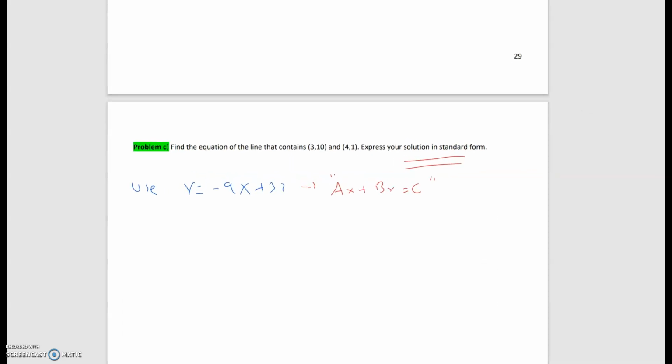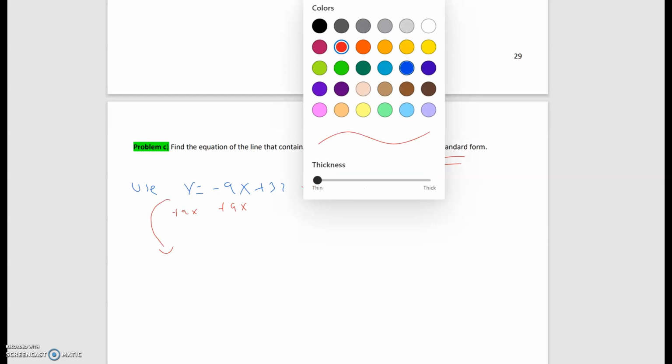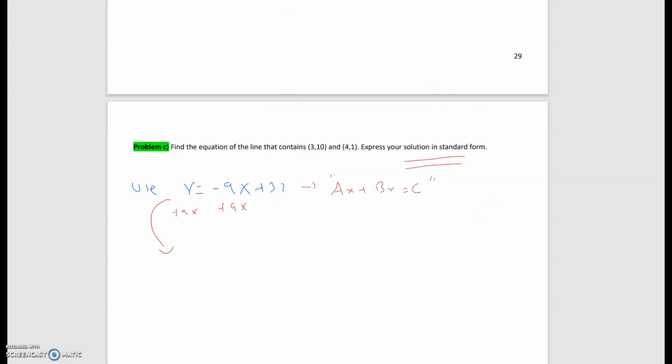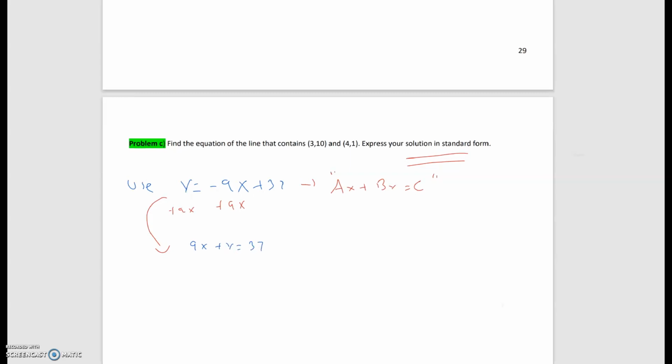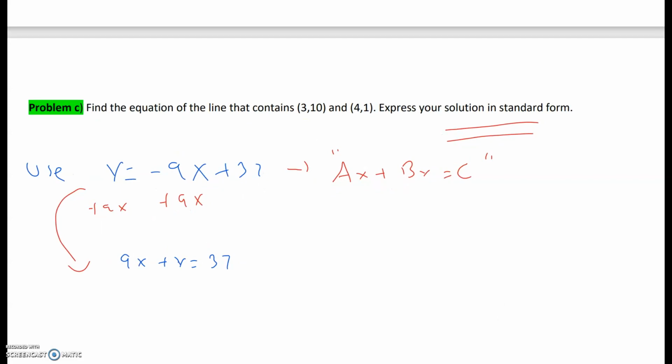So that's just going to require an addition of the 9x. So we'll have that 9x plus y is equal to the values of 37 for this particular one. And this is our main solution.